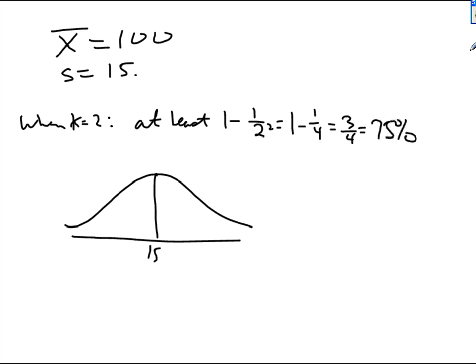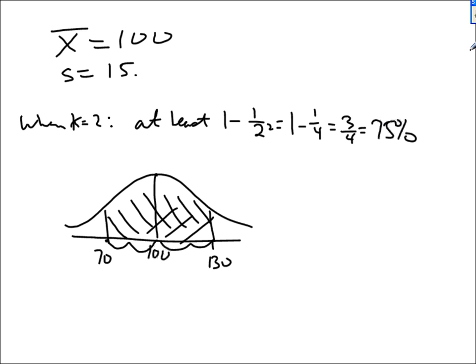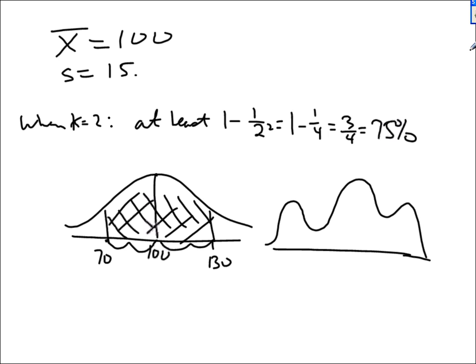Here's 100. Standard deviation is 15. So I go 15 and 15. That brings me to 130. I go back 15 and 15. That brings me to 70. Chebyshev guarantees me in here is 75% or more. Doesn't matter what kind of distribution you have.